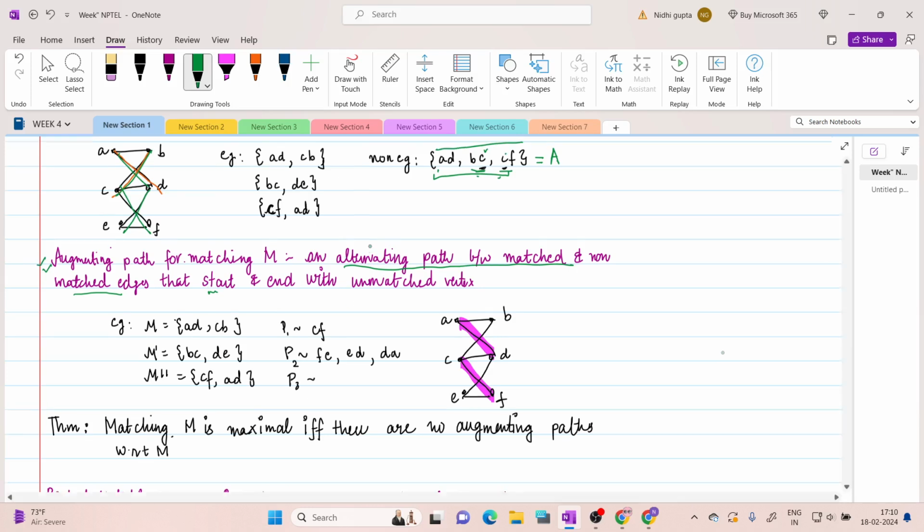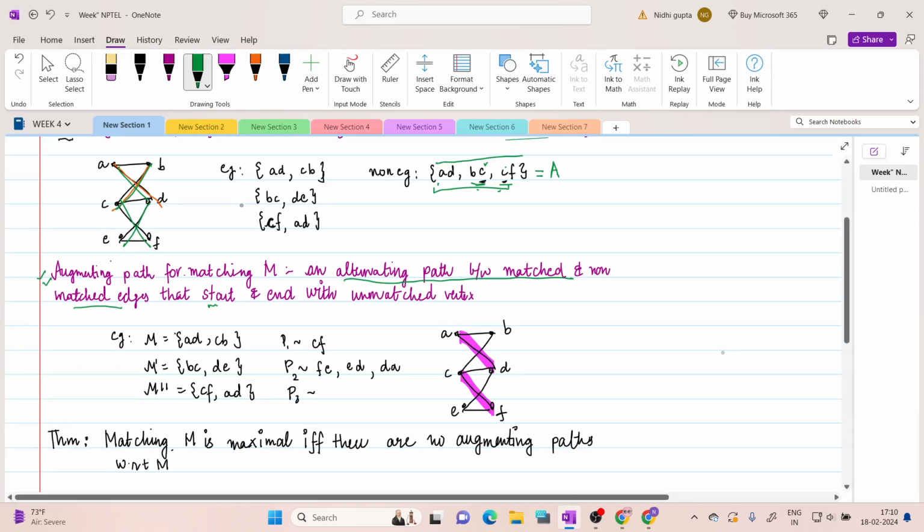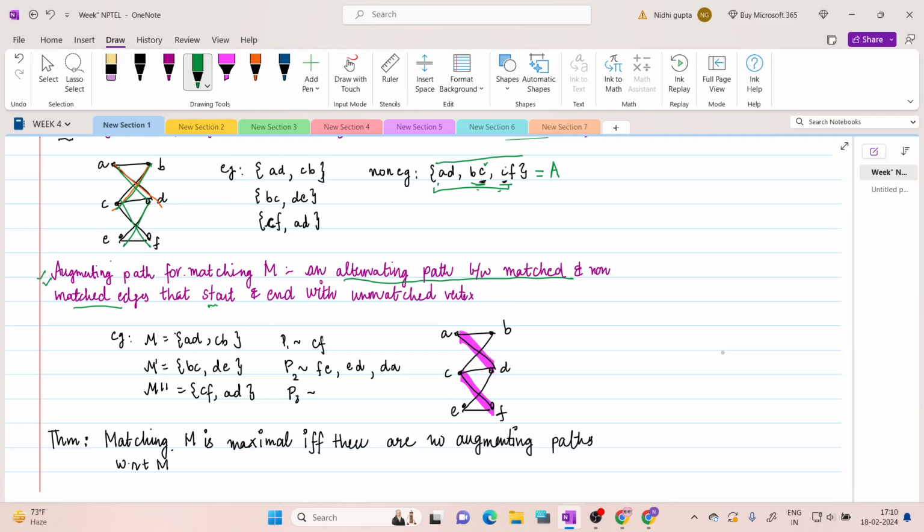So in this above example, if I take the first matching M1 as AD and CB, then EF will be an augmenting path. So I have AD and CB.